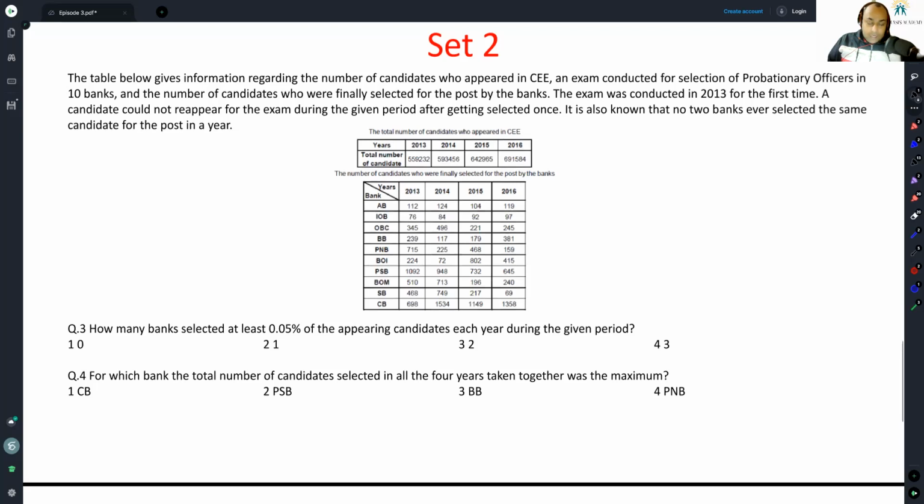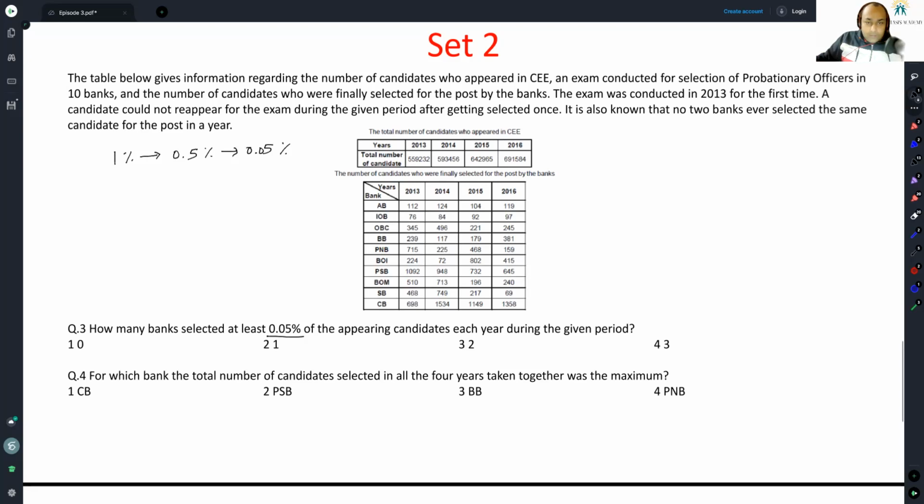How many banks selected at least 0.05% of the appearing candidates each year during the given period? Okay, let's see. 5,60,000. See, 0.05%. How I operate is I will go 1% to 0.5% to 0.05%.